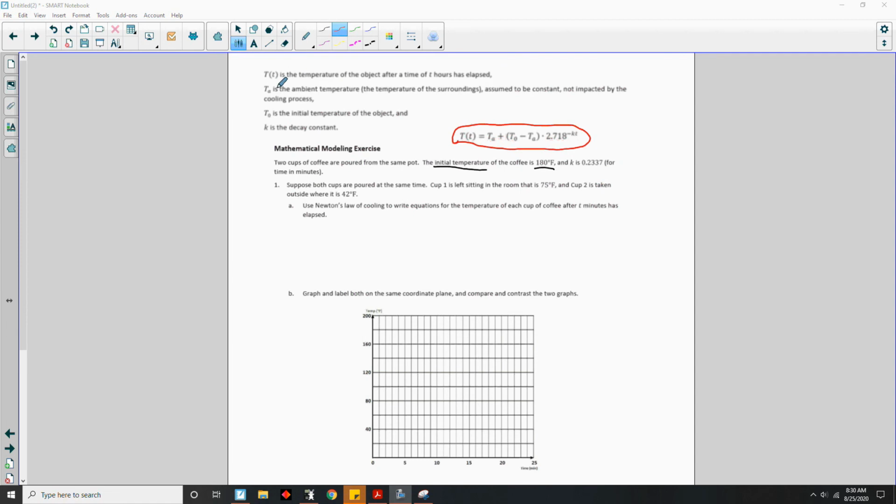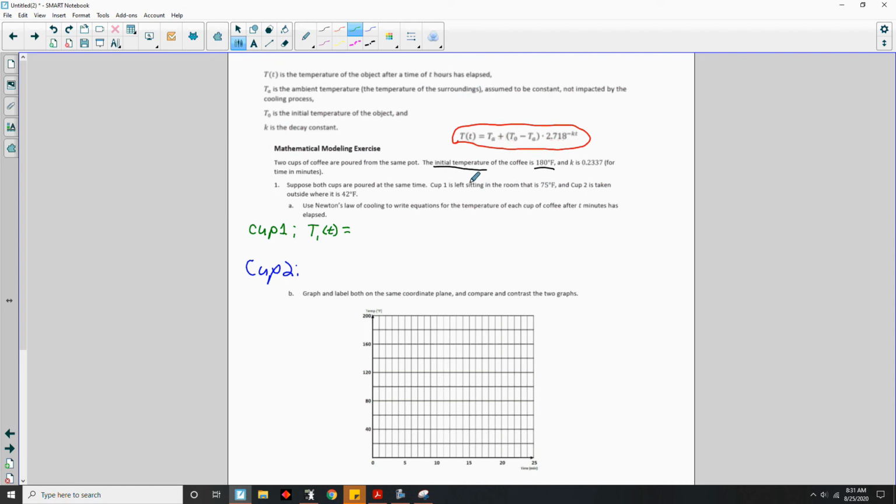Okay, so I brought in what all these variables mean, and I brought in the equation. It's a new equation, you probably don't memorize it yet. So we're going to have cup 1 and cup 2. I'm going to name these differently so they're different functions. If this is cup 1, how about T sub 1 of T equals, and T sub A is the ambient temperature of the surroundings.